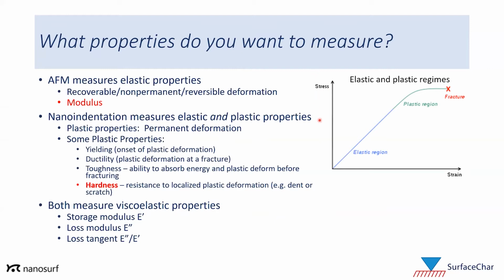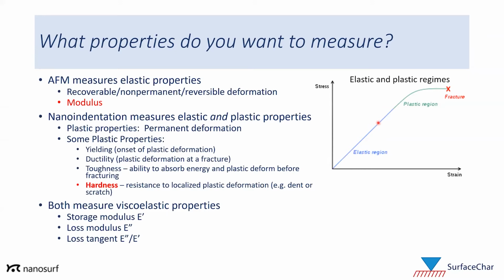And for that, I want to draw your attention to this graph here on the right, where we're looking at a stress-strain curve to understand what the elastic and plastic regime is. So this is a stress-strain curve for a model crystalline uniaxial material. And you can see initially when you pull on it, stress and strain have a linear relationship. It's in blue. That's called our elastic region.